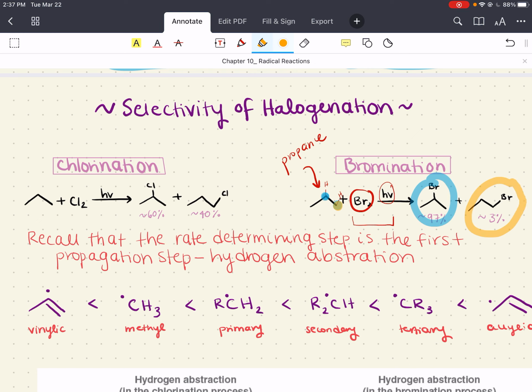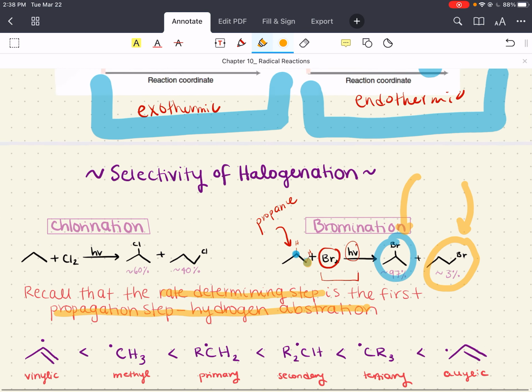Now, the major product is going to be this one with 97% yield as opposed to this product, which is at 3% yield. The reason this product is the major product for bromination has to do with the rate determining step in the first propagation step, that hydrogen abstraction.